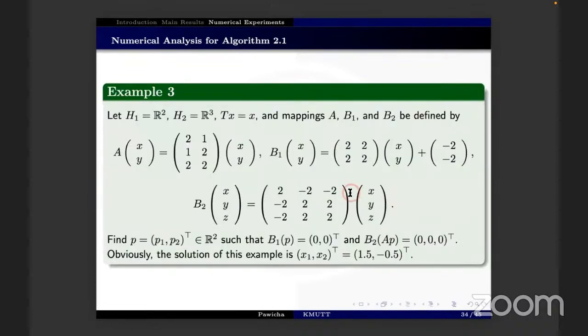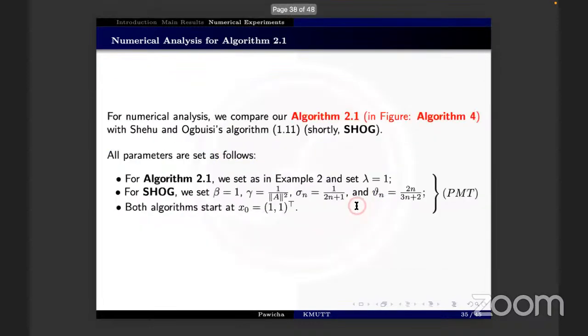Yes, and one more example where the mappings T, A, B1 and B2 are defined like this. We fix the parameters of our algorithm, and the other algorithms are the algorithm of Chehu and the ABC algorithm.